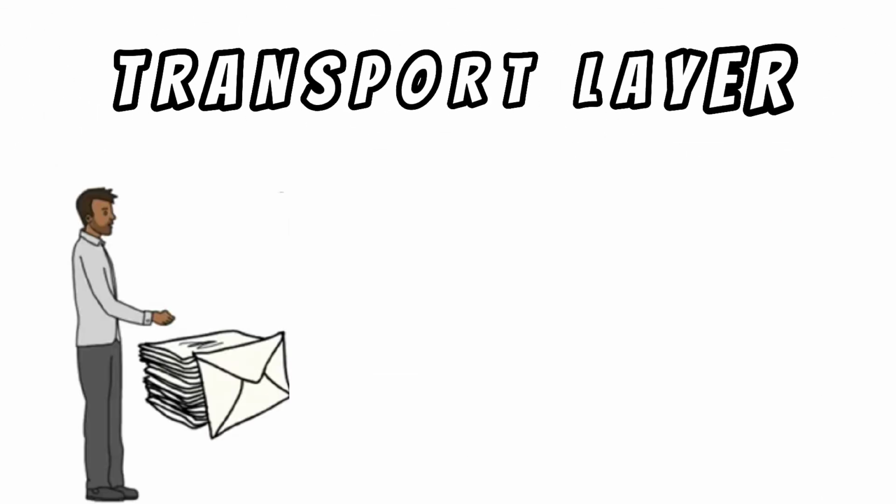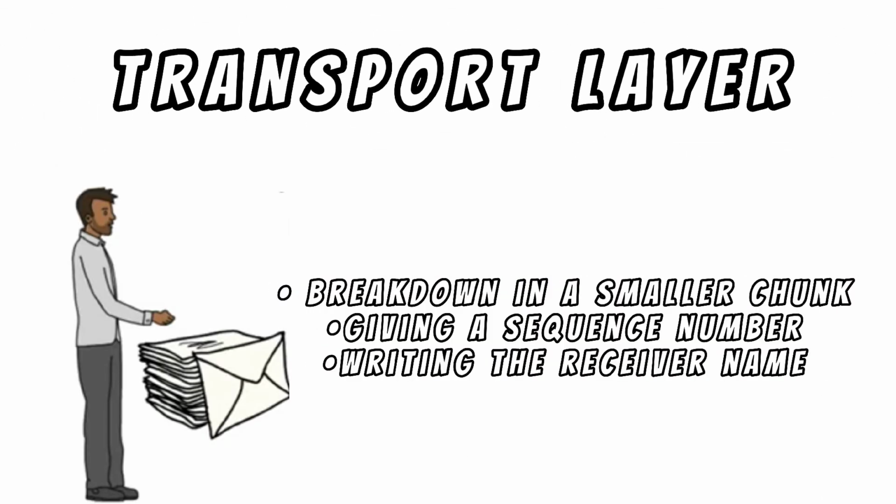The coordinator will break down this larger letter into smaller chunks, attach a sequence number for the identification of order, and write down the name of the intended receiver at the British Palace on this letter. Until now, everything is moving around inside the Spain Palace.